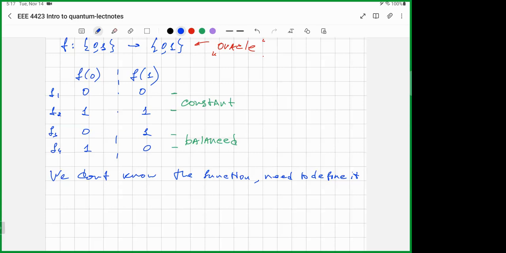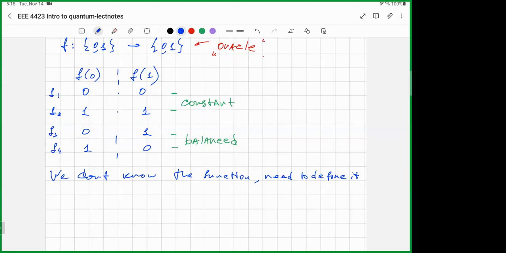Otherwise, a coin with two exactly the same sides could be a fake coin. Okay, and one can ask how we can define the type of this coin.